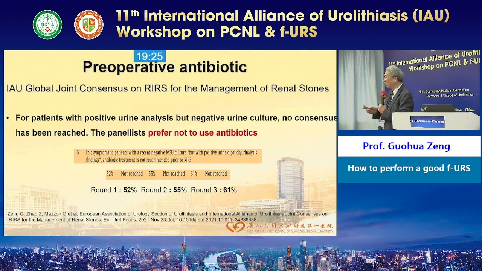Yes, you're right. Sometimes urine culture is negative, sometimes stone culture is positive. Randomized is okay. Sometimes urine culture is positive, and 3 days, maybe the randomized trial, I think is okay.